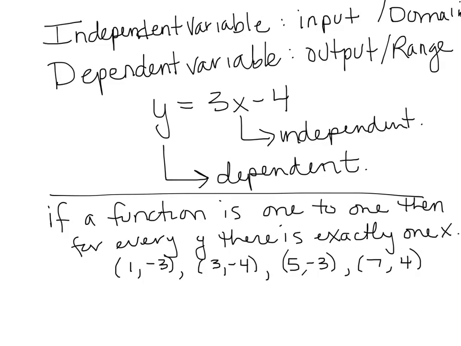So you're looking here and you're saying when y is -3, x was 1. But look over here, and you see y was -3 when x was 5. So the idea is, when y is -3, you don't know which one it came from. Did it come from the 1 or did it come from the 5? So this is not a one-to-one function for that reason.